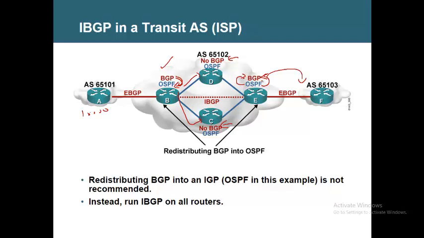OSPF knows only one thing called metric, cost, based on bandwidth auto cost, or a metric that you may manually configure as a cost. Other than this metric, OSPF doesn't know anything.